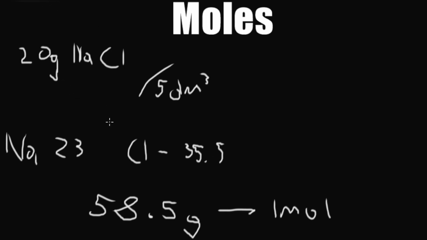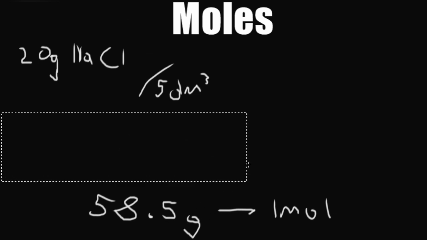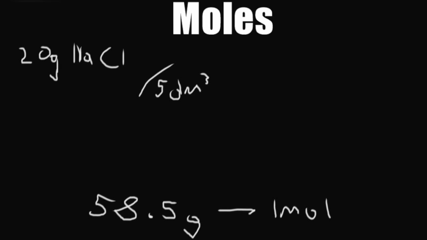So now that we know that 58.5 grams contains 1 mole, how will we be able to find the number of moles which is contained within 20 grams? We can now put this into our equation by saying 20 grams of sodium chloride contains X moles.